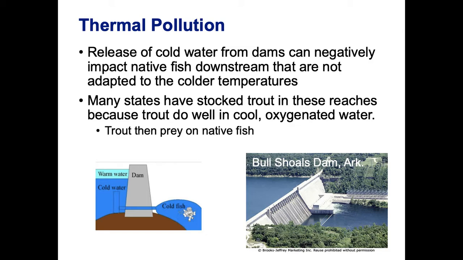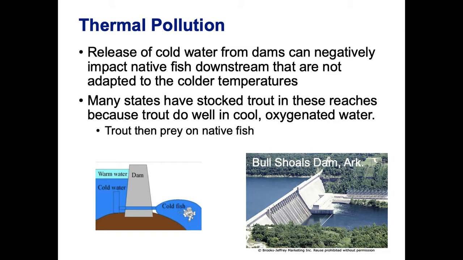But some places take advantage of this and introduce non-native trout because you can grow trout in cold water. They really need that cold water to survive. And so by discharging this cold water, it allows people to put in trout that often don't belong in that river, and then the trout can affect native fish.